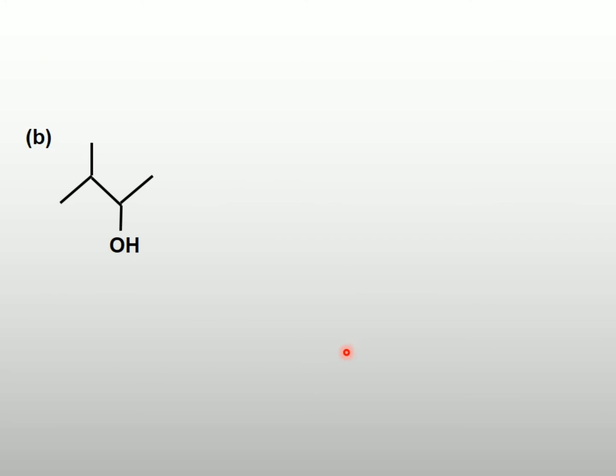And then for the next one, I can remove the OH and one hydrogen from this carbon to get the double bond here, or I can remove the OH and one hydrogen from this carbon to get another carbon-carbon double bond at this side.